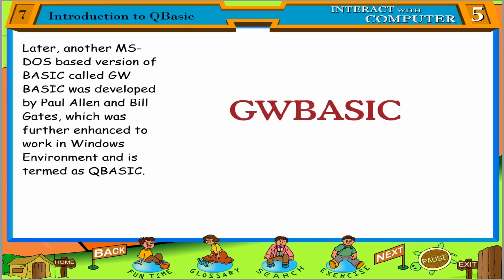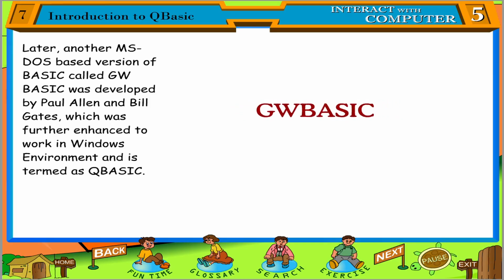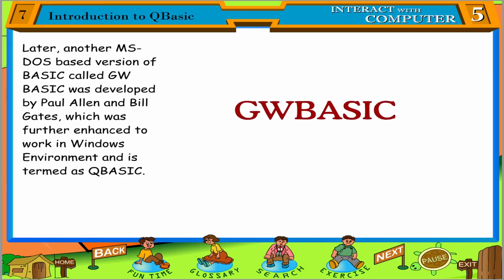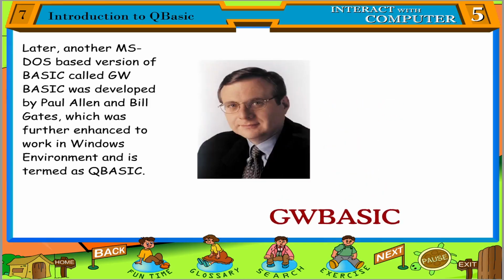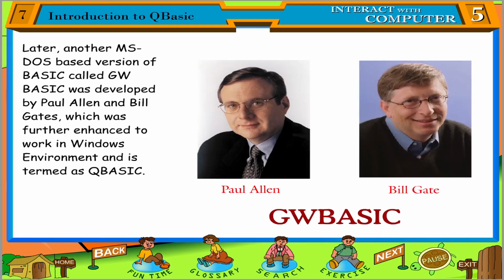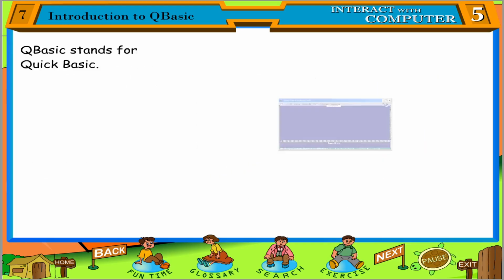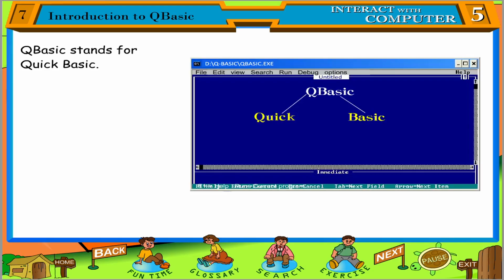Later, another MS-DOS based version of BASIC called GW Basic was developed by Paul Allen and Bill Gates, which was further enhanced to work in Windows environment and is termed as QBasic. QBasic stands for Quick Basic.